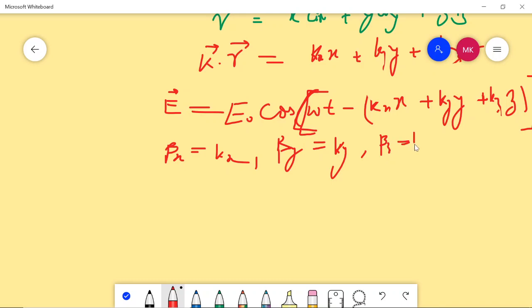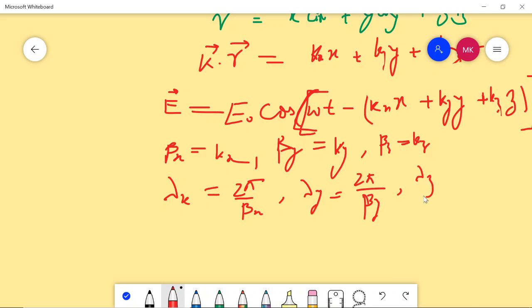Similarly, we can define lambda x equals 2 pi over beta x, lambda y equals 2 pi over beta y, and lambda z equals 2 pi over beta z.